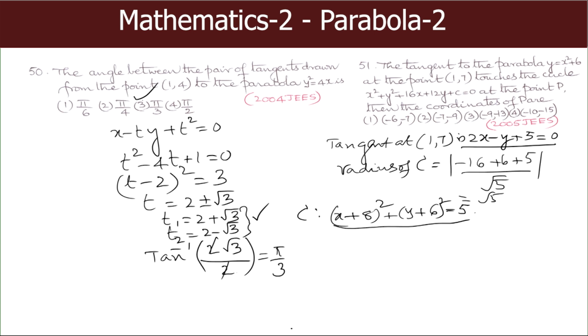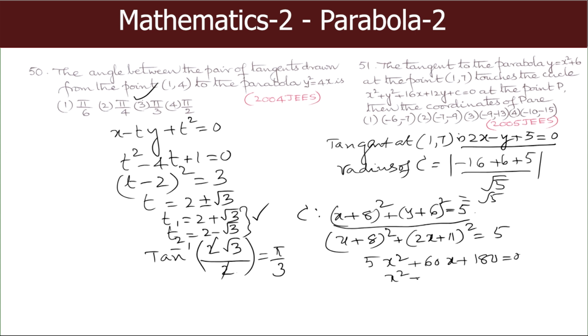In the case of a circle, every tangent cuts the circle at only one point, and every line that cuts the circle at only one point is a tangent. So the best thing is to find the point of contact as the point of intersection, it may be easier. Replacing y by 2x plus 5 in the circle equation: (x plus 8) whole square plus (2x plus 11) whole square equal to 5, or 5x square plus 60x plus 185 minus 5 equals 0, that is 180. The 5 can be cancelled: x square plus 12x plus 36 equal to 0.